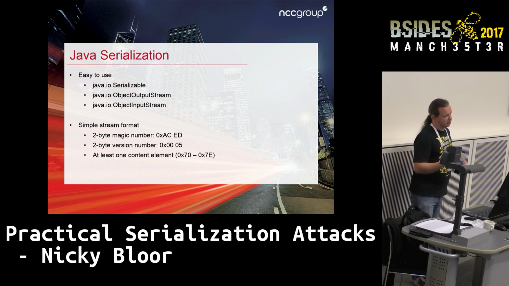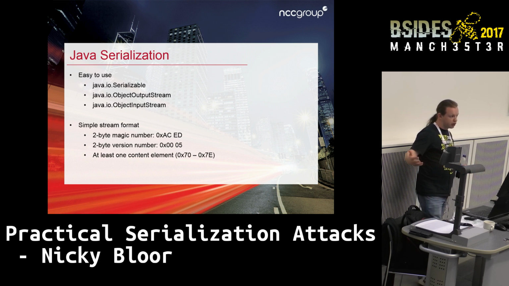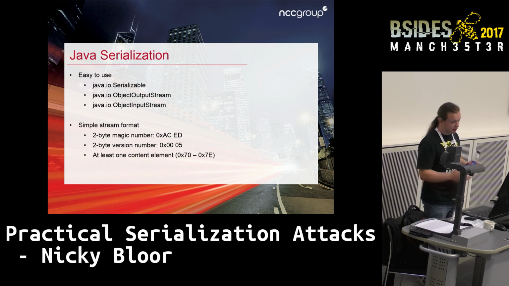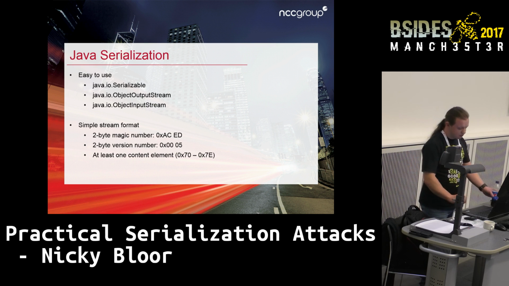The first byte of a content element tells us the type of the content element, and from the type we can infer the structure of the data that follows in the stream. There can be more content elements, and you can continue reading depending on how you're reading that serialized data. Java might keep reading that data until it hits the end of the stream, and then return the result.